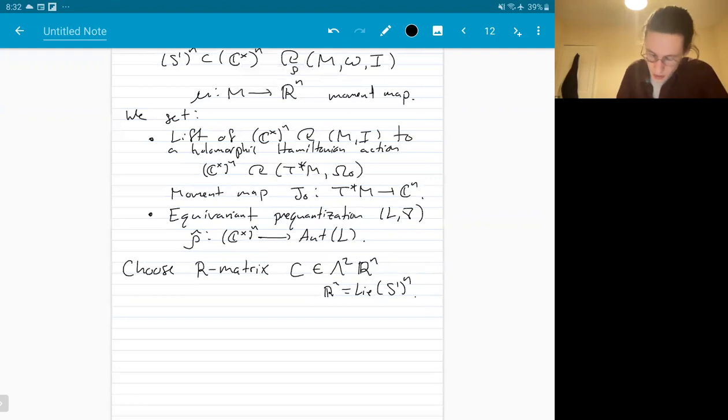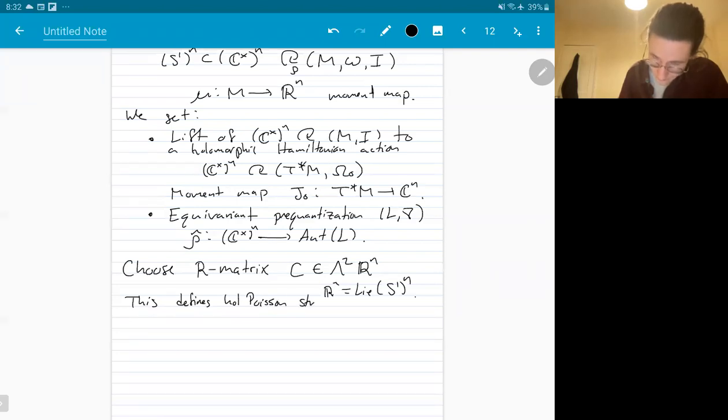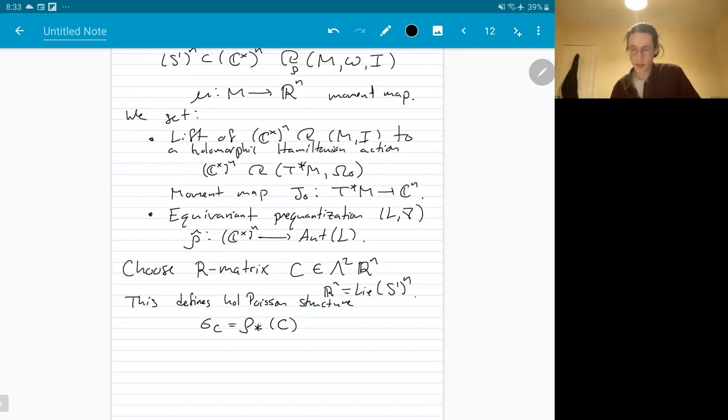And what this does is it defines a holomorphic Poisson structure on M using the C-star action. So this defines a holomorphic Poisson structure sigma C, which is just obtained by pushing forward the R matrix using the action.